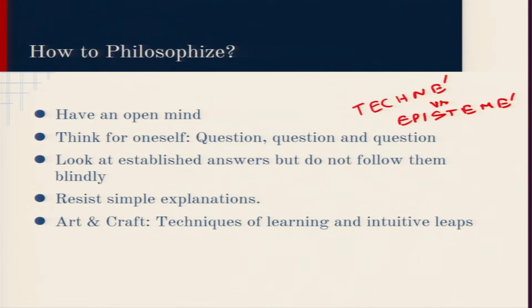So the first prerequisite to philosophize is to have an open mind, to think for oneself, to question and question. We are all born philosophers. As children, we have so many questions. An average child may be asking 1,000 questions a day, to the point of their parents being baffled. But some parents also encourage and enjoy those questions.